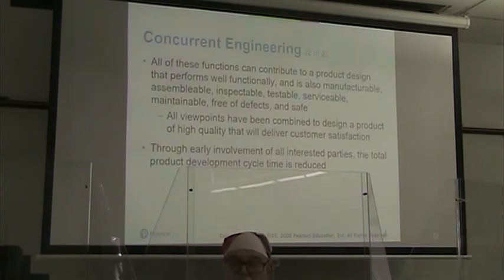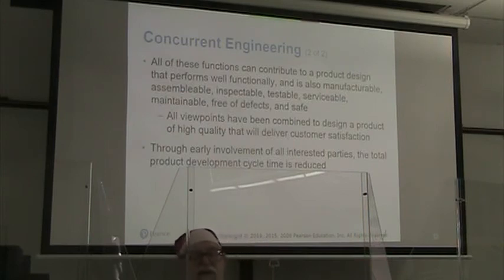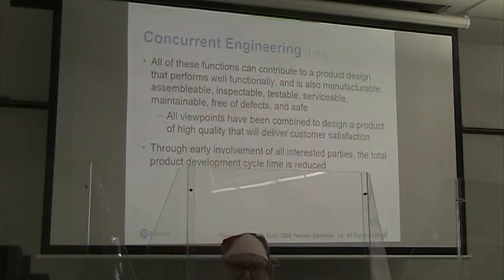All of these functions working together can make our product design that performs well, does its functions, but it's also manufacturable, assemblable, inspectable, testable, serviceable, maintainable, free of defects, and safe.